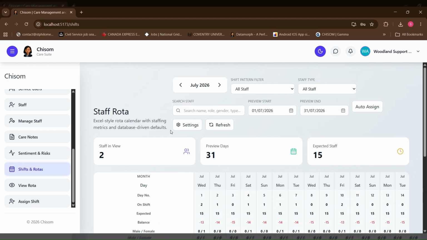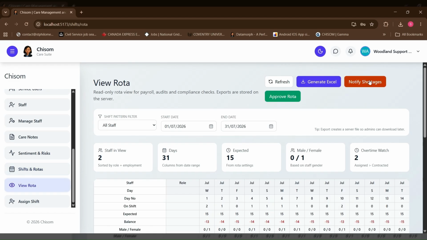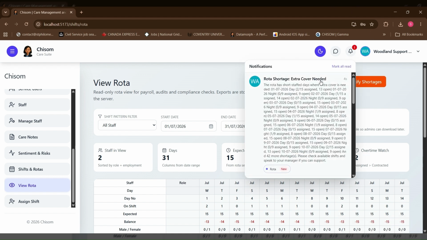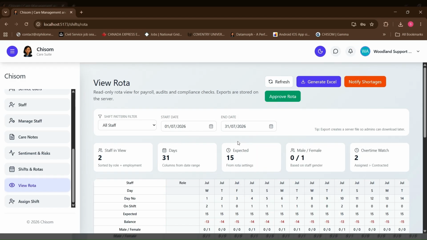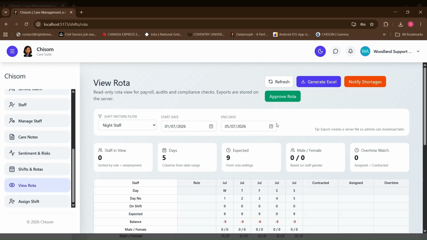And how do they do it? They can send it to either full-time staff or bank staff. So you can come here and notify shortages. Let's say for instance you click on this, it sends notification. These are the notifications for the days that are short. So now I can decide that okay, I want to send notification only to night staff, and I want to send notification from 1st to 7th only, or let's say 1st to 5th only.